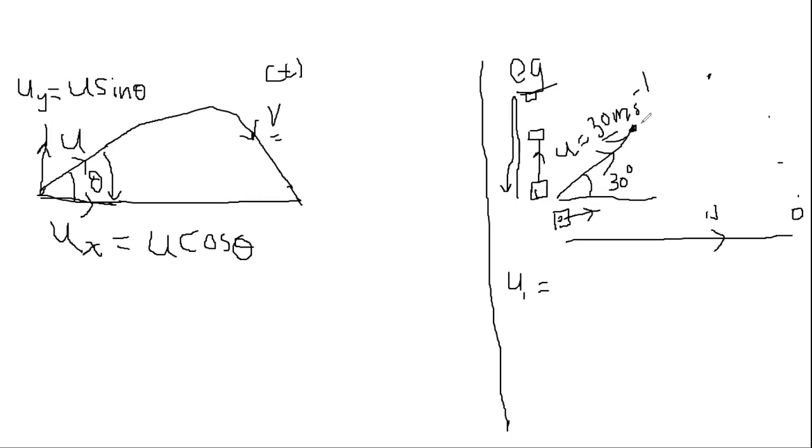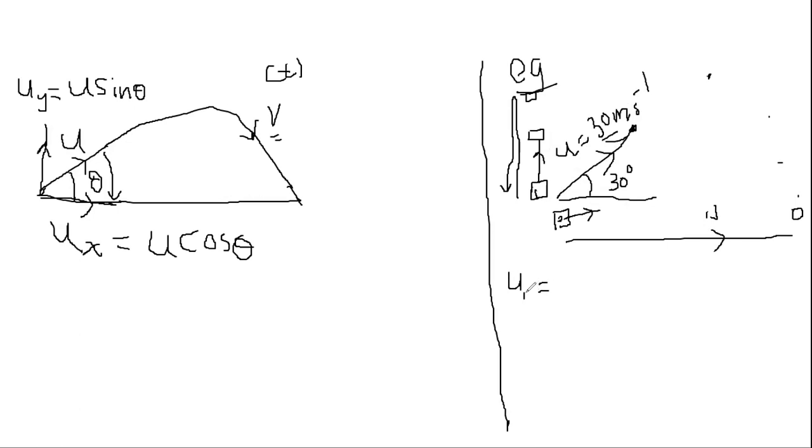It should be less than 30, because the object is taking off diagonally with 30 meters per second and this camera is only going up.